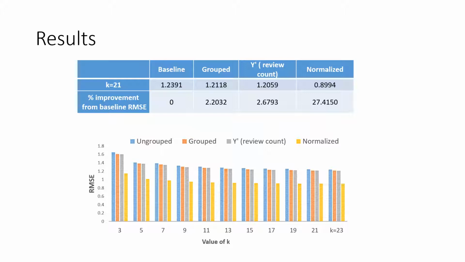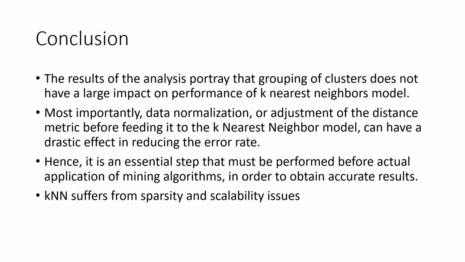For example, I might be a very generous rater, but the other person might be very strict, so that bias is removed, which gives such good results. And hence, these results portray that grouping does not have a large impact on the performance of this model for the Yelp dataset, and normalization is very important.